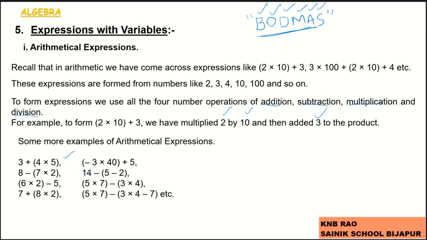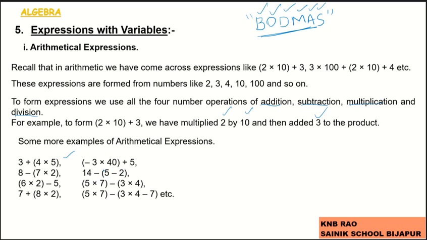4 into 5, minus 3 into 40 plus 5, 8 minus of 7 into 2, 14 minus of 5 minus 2. Here I am using an operation like minus, after that I am putting a bracket that I am taking.